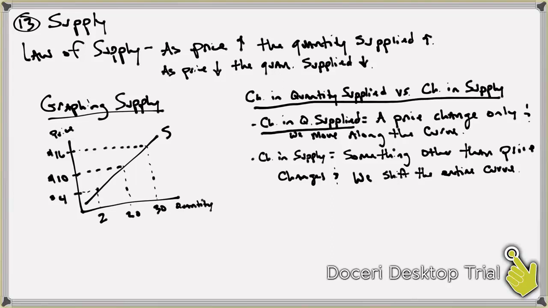So we have two separate changes. One, we move along our curve, and we call that a change in quantity supplied. And the other is when we shift our whole supply curve, and we call that a change in supply. If I said quantity demanded a minute ago, I meant quantity supplied.